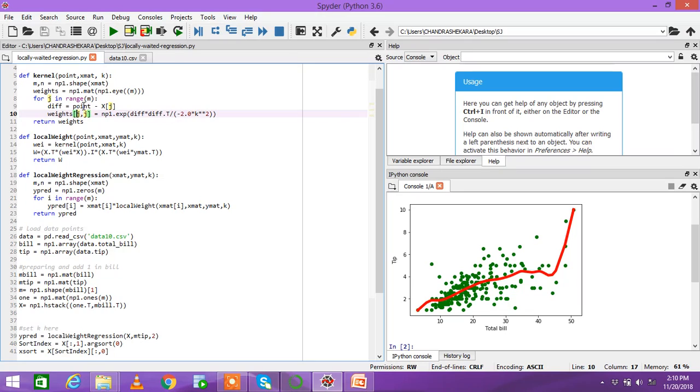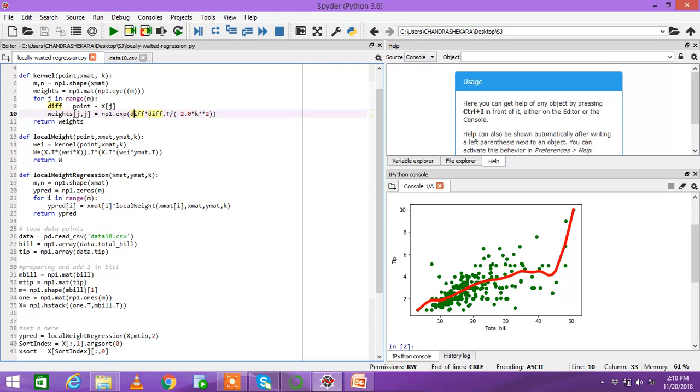So what is this diff? Diff is nothing but the difference x minus x naught, and the dot product we consider as diff into diff transpose.